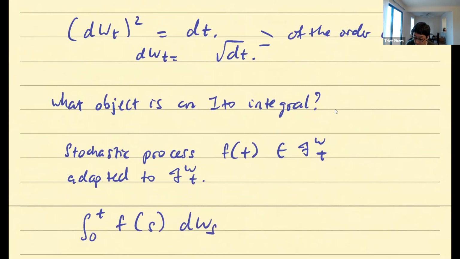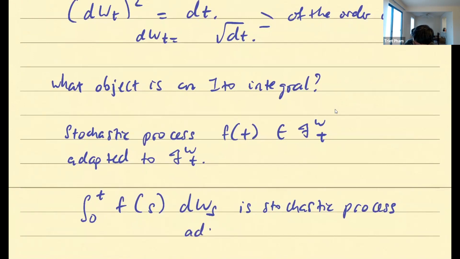First of all, it is a stochastic process. It's a process because it's random and it's moving with time. It's also adapted to Brownian motion.